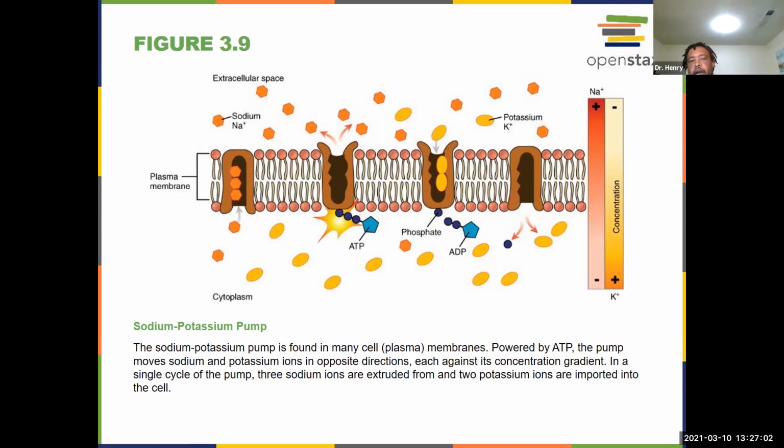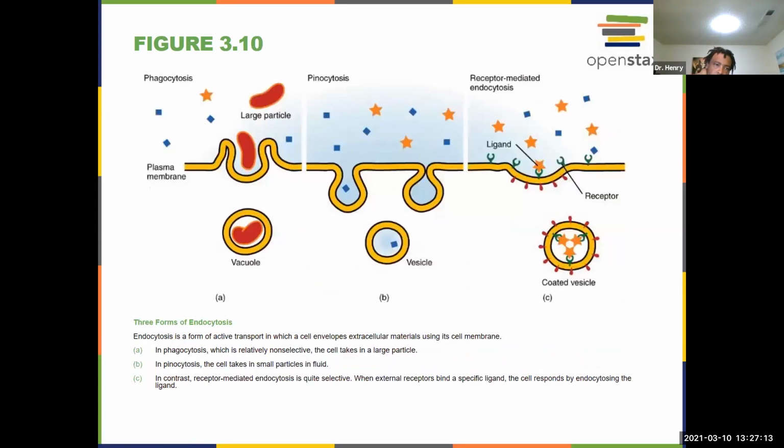Again, both of these events require energy because they're going opposite to the gradients. And all of these are serving as transport across the membrane, okay?